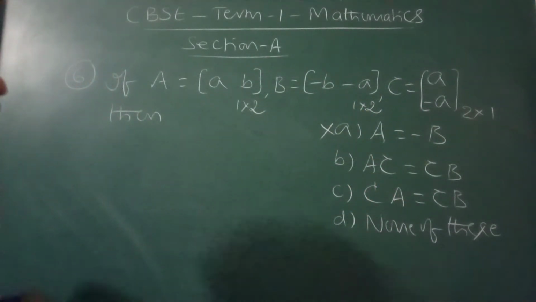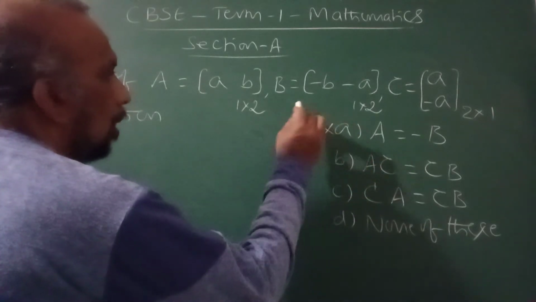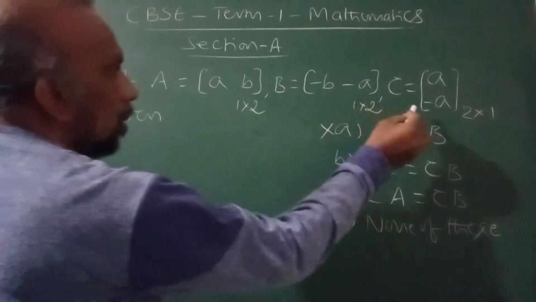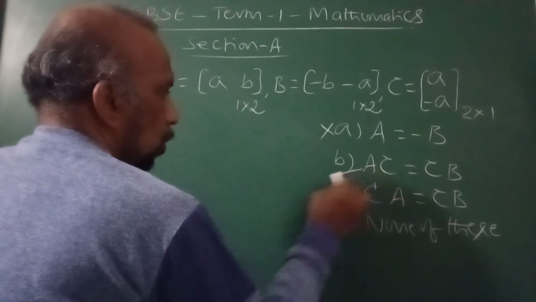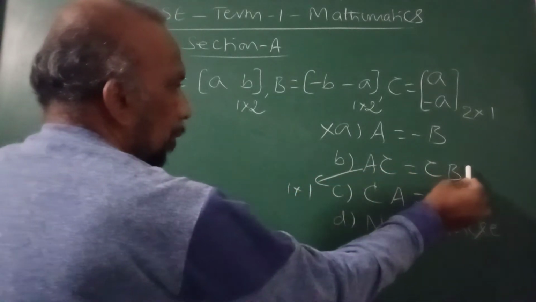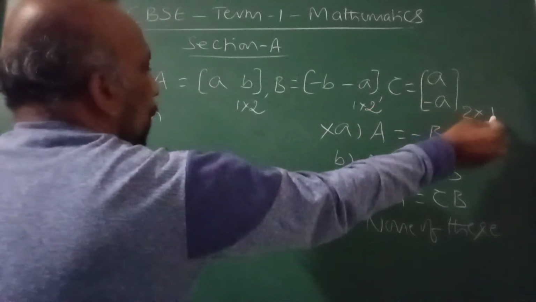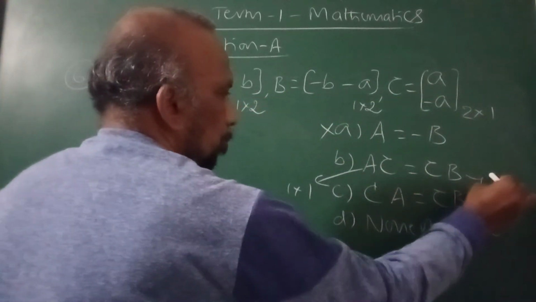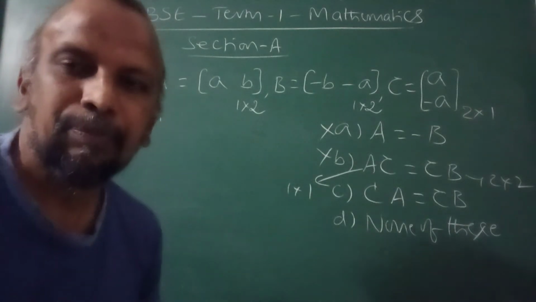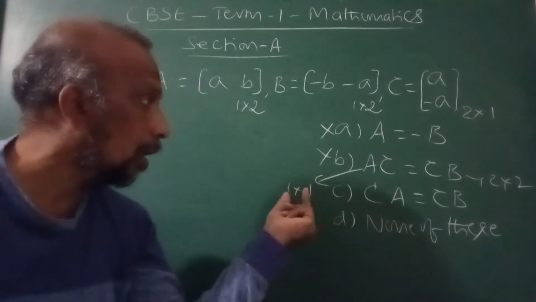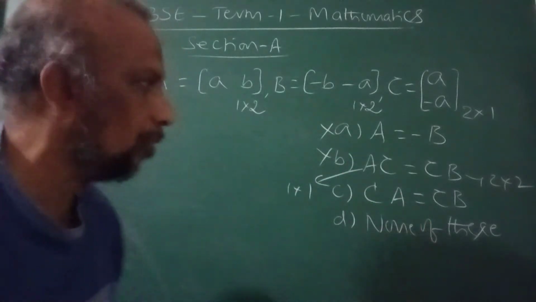Now take AC. What is the order of AC? A is 1 by 2 and C is 2 by 1, so the order of AC is 1 by 1. But the order of CB is 2 by 2. So definitely these two are not equal. AC is not equal to CB, since they have different orders.